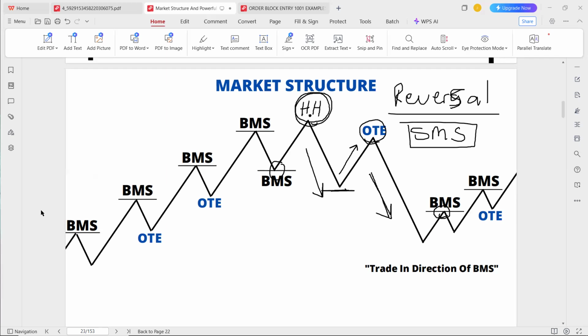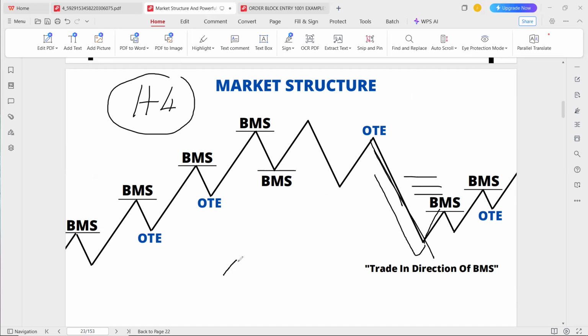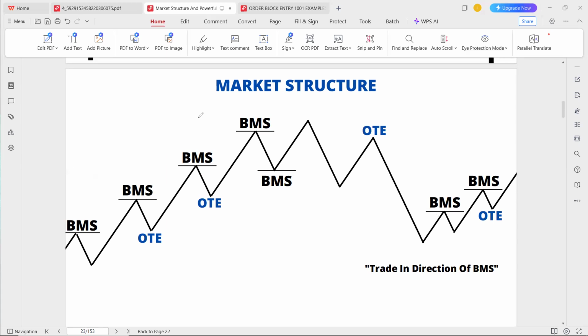So within a higher time frame, let's say we are on the 4 hour and price is pushing down. Within this push down, or within the retracement coming back into the OTEs here, you might get a smaller trend forming within the retracement. So let me say that again in case you didn't quite get it.